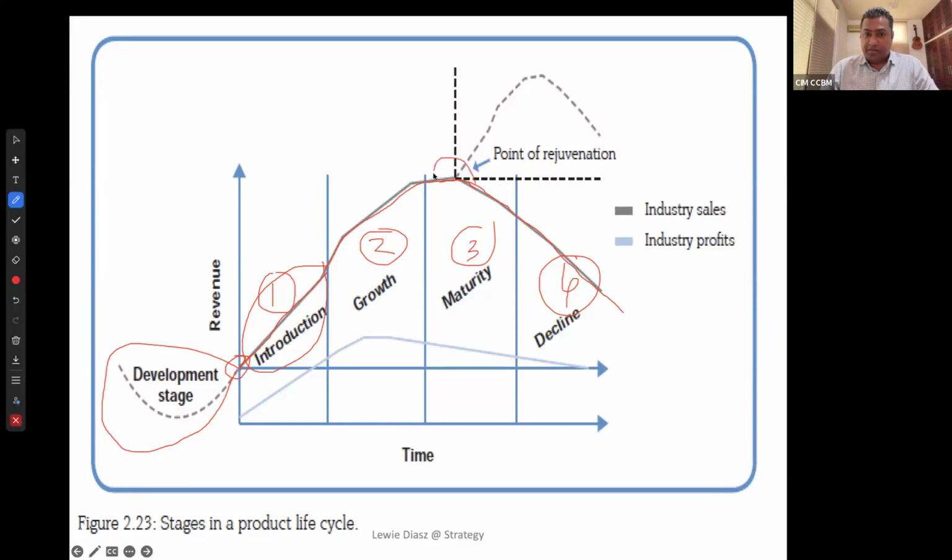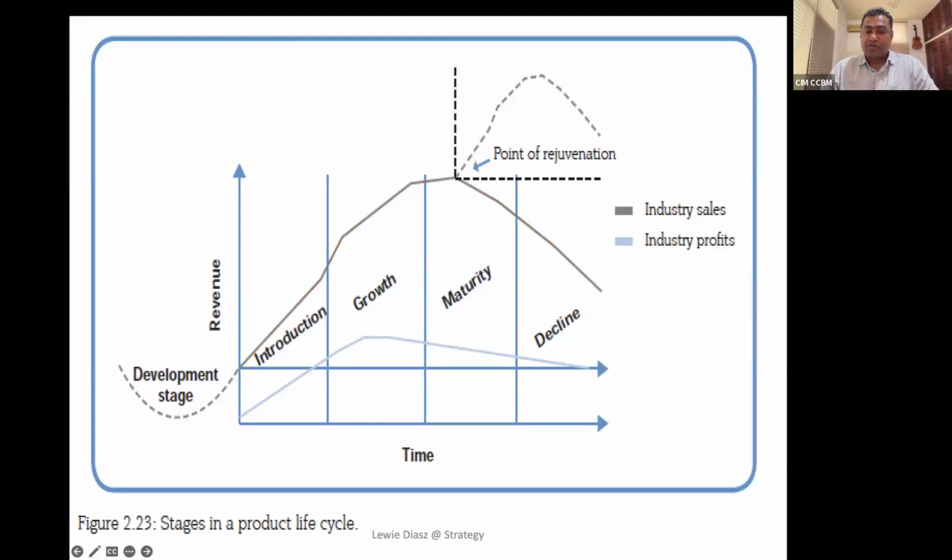And this point is the point of rejuvenation. What does that mean? The point of rejuvenation is where at a maturity stage, you give life to a new product. You rejuvenate your product. Rejuvenation means you relaunch it, rebrand it, and you give it a new facelift, and you come up with a new version of it. iPhone 16, iPhone 18, iPhone 20.